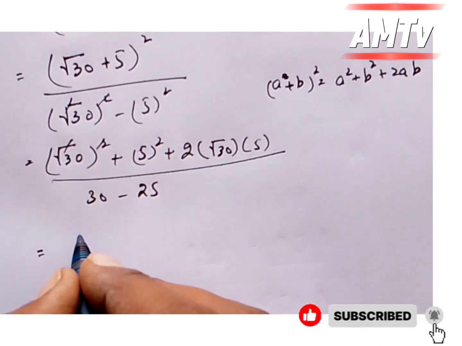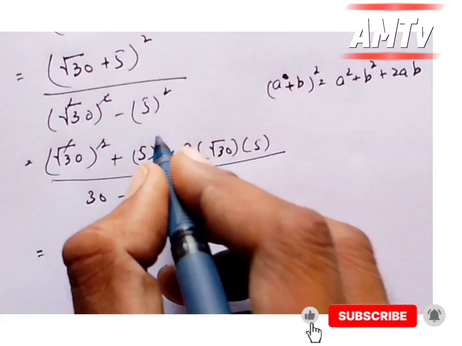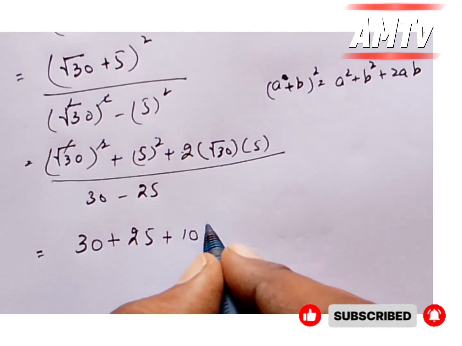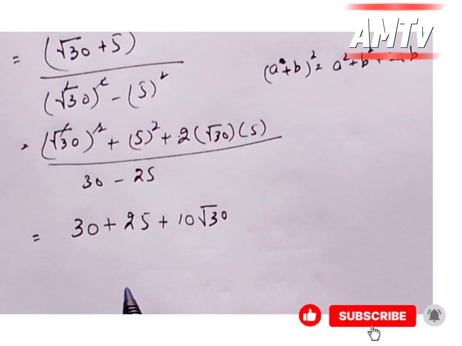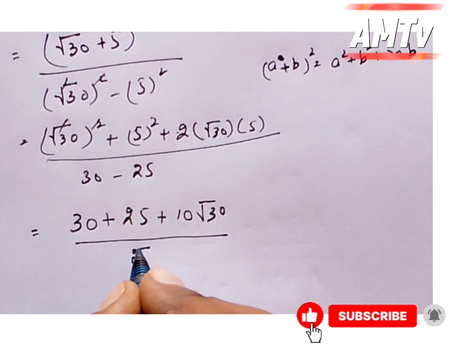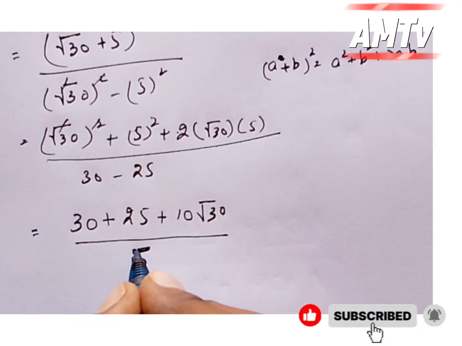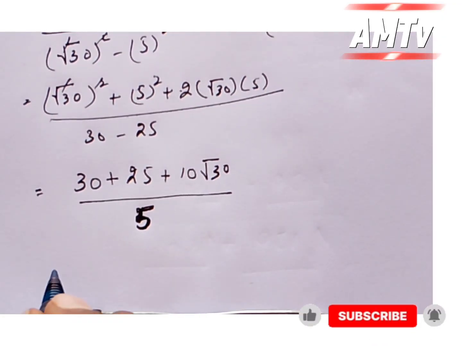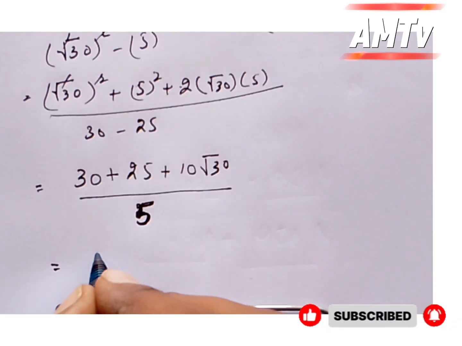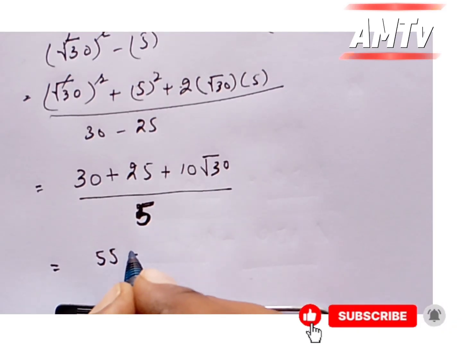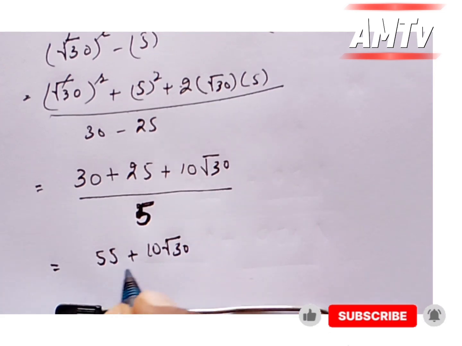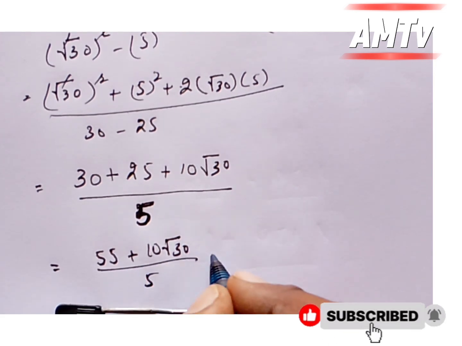Square and root cancel: 30 plus 25 plus 10 root 30, divided by 30 minus 25, which is 5. So 55 plus 10 root 30 divided by 5.